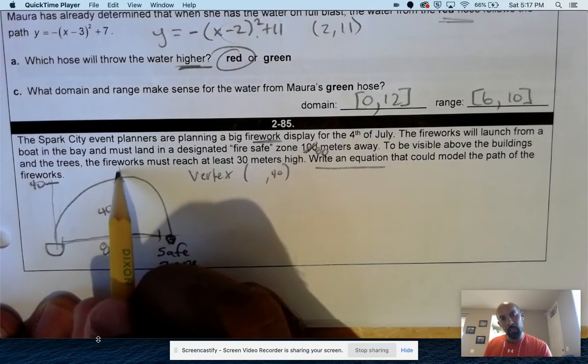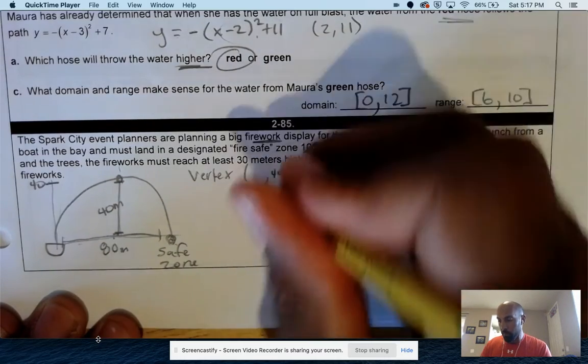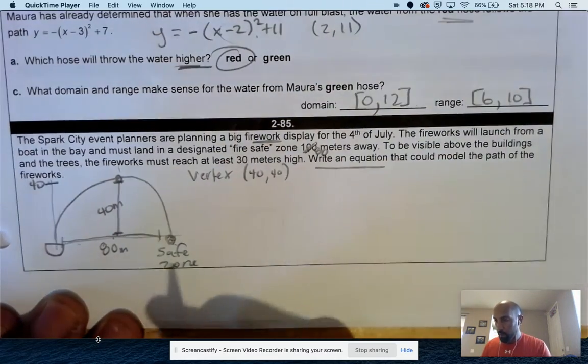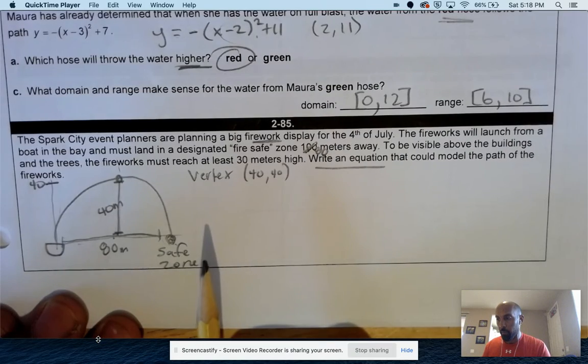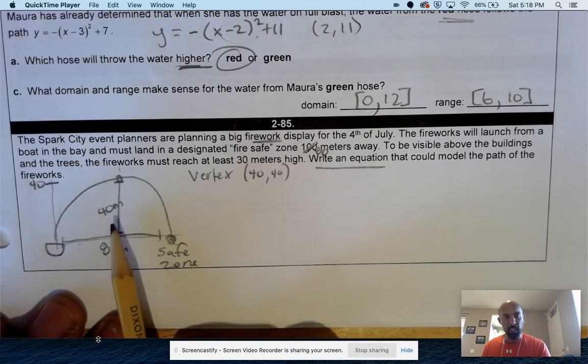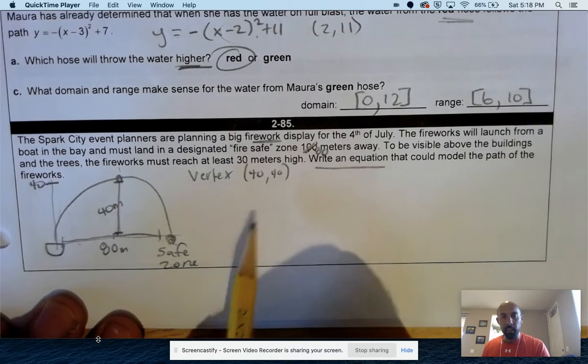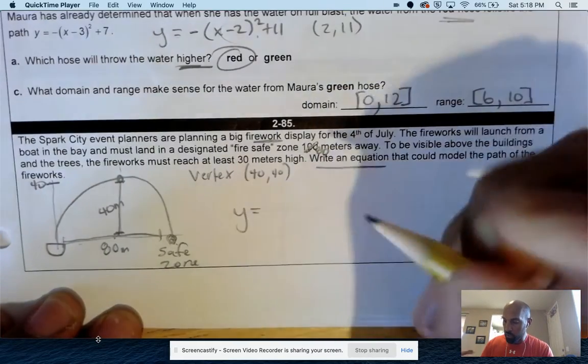So the x value, right in the middle of 80, because from here to here is 80, would be 40. So it's 40. Okay, so it's very similar to that first problem that we had before. Matter of fact, it's going to be the exact same problem. So now, once I have that set up, I set up my equation.